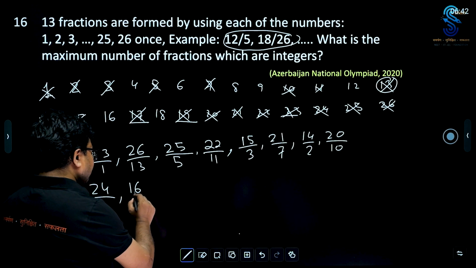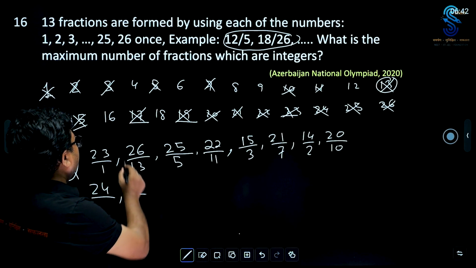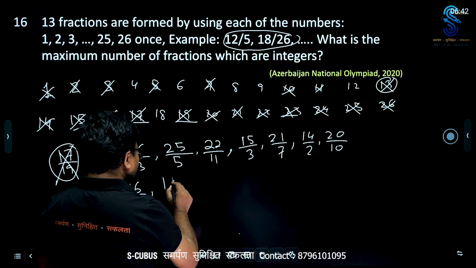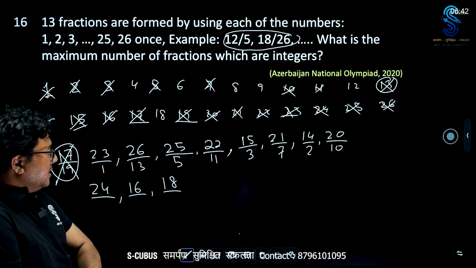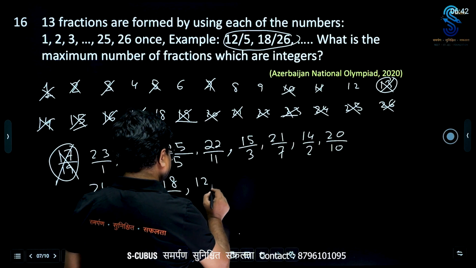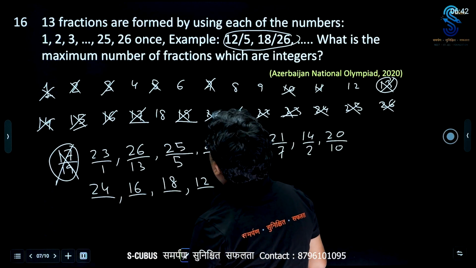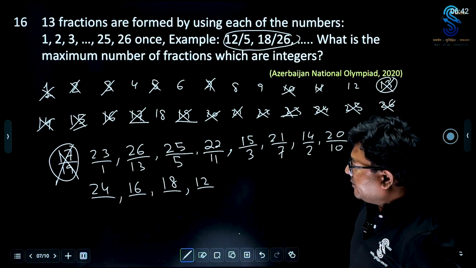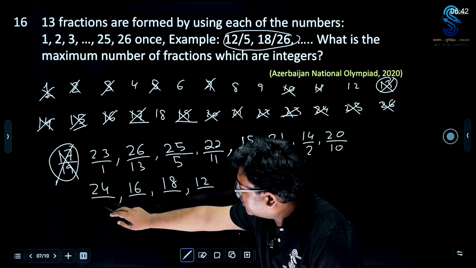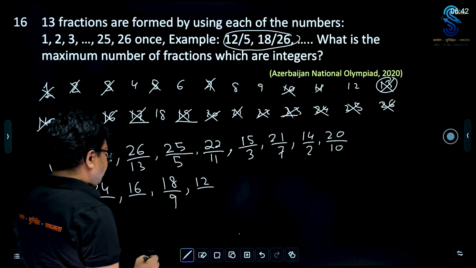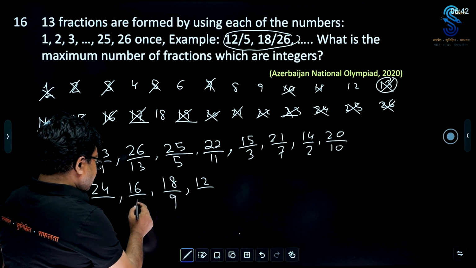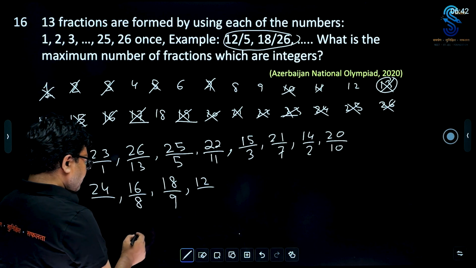What about 16? What about 18? For 18 again 6 and 9 is there. Again, what about 12? So if we try, 12 can also be put here. So maybe you can try it 18 by 9. 16, you can put 8.